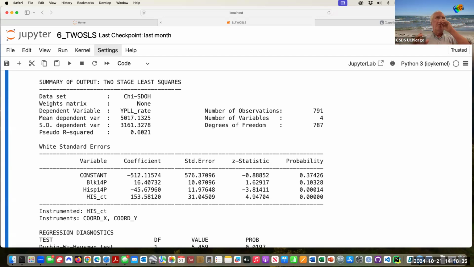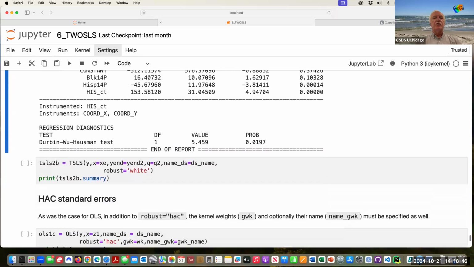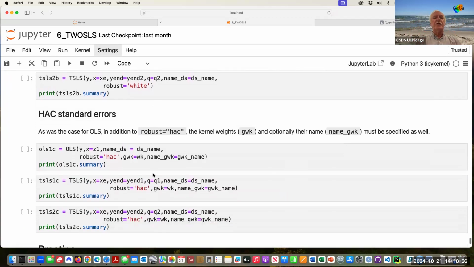I don't know if I showed this in class, but it's a monster, right? So that all gets computed using the residuals from two-stage least squares to estimate this k by k matrix. It's still a k by k matrix. Okay. So that's the first type of robust.